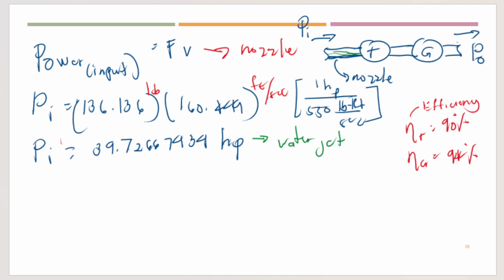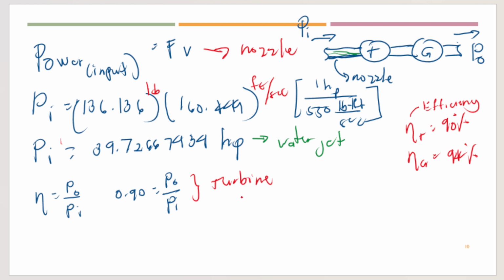Coming from the formula for efficiency, eta is equal to power output over power input. Let's take the turbine first. 0.9 is equal to power output P sub O over P sub I. This is for our turbine.